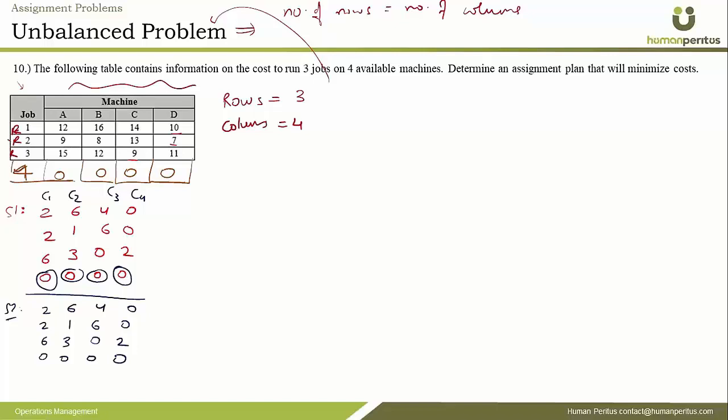Why was I able to do it? Because I have to subtract all of these numbers from the minimum value in that particular column, and that is 0. So 2 minus 0 is 2, 2 minus 0 is 2, 6 minus 0 is 6. Okay, so this is my step 2.